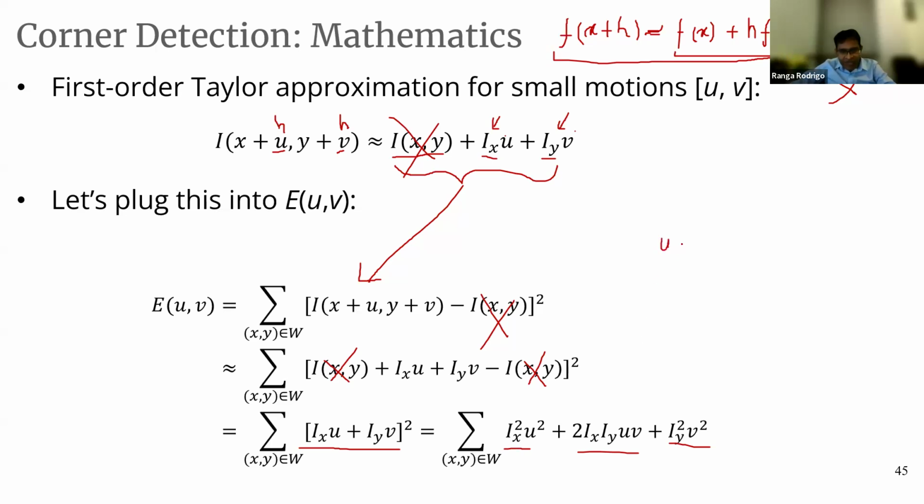You can write it as u v, times a 2 by 2 matrix, times u v. Here you will have Ix squared. Here IxIy. Here also IxIy. Here Iy squared.